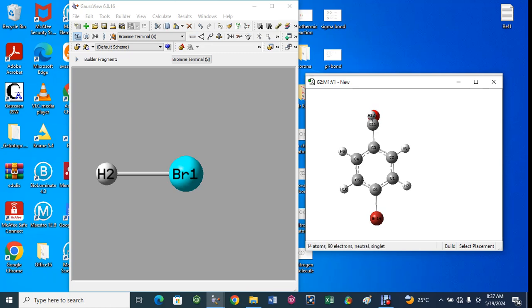Then 1, 2, 3, 4, 90. So the electron system is making sense. It is well described, and it is absolutely correct. So this is how we model molecules on GaussView. Perhaps in the next video, we will look at how to model bigger or more advanced compounds.